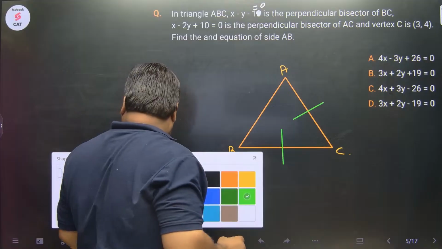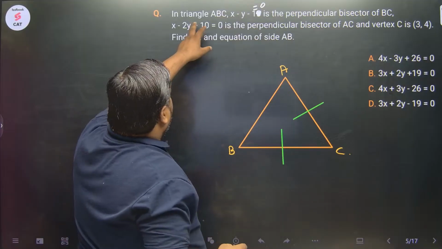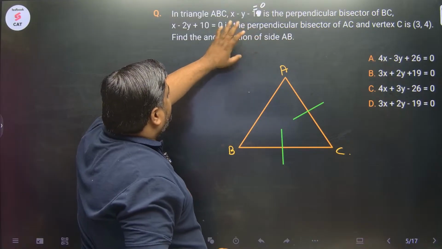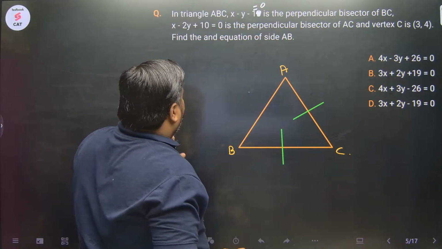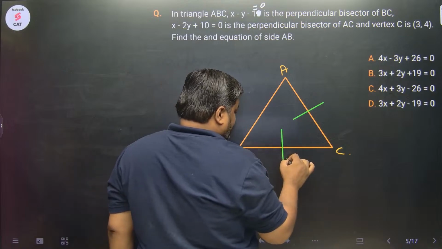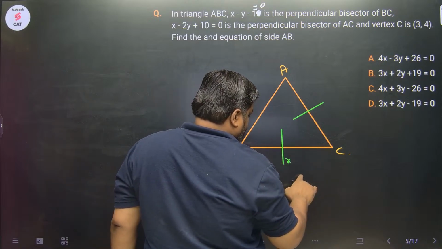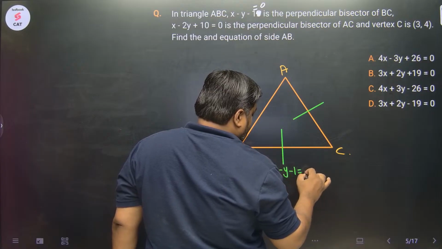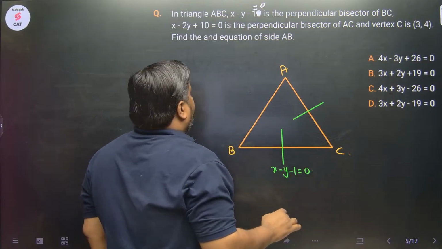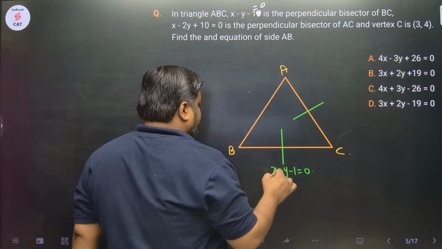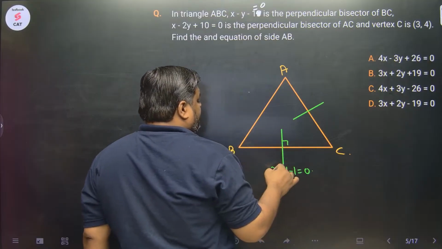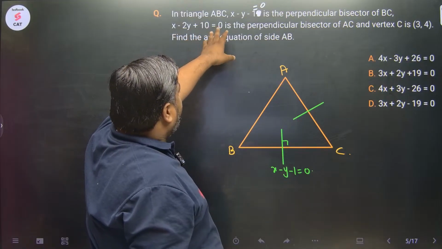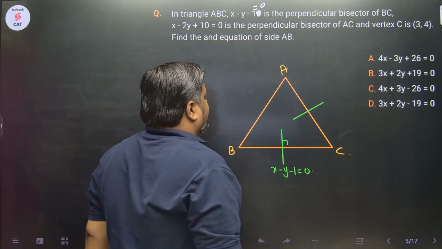Now, this question says that कि एक triangle ABC, x minus y minus 1 equals 0 is the perpendicular bisector of BC. सो ये जो लाइन है इसका इक्वेशन है x माइनस वाई माइनस 1 इक्वल्स 0, ओके, इज परपेंडिकुलर बाइसेक्टर, and x minus 2y plus 10 equals 0 is the perpendicular bisector of AC.